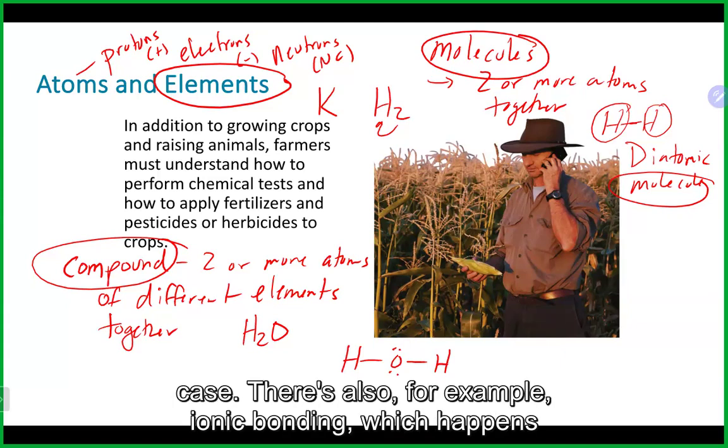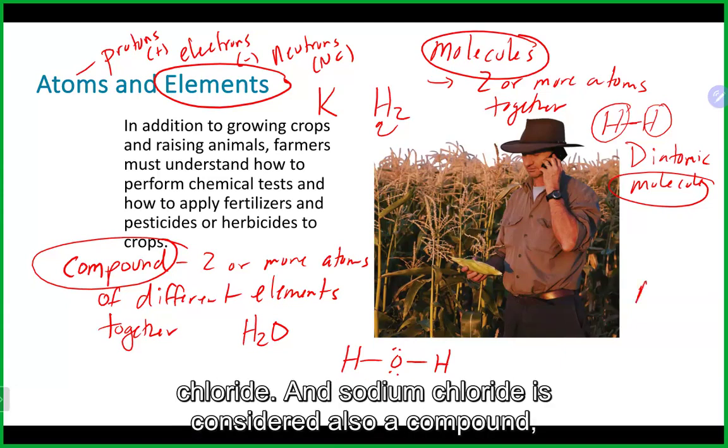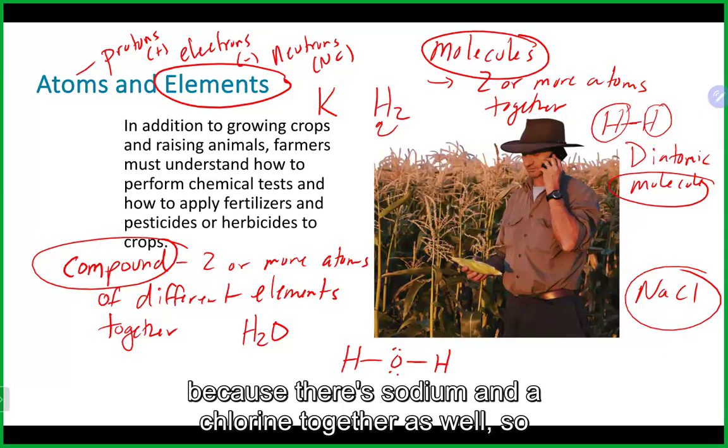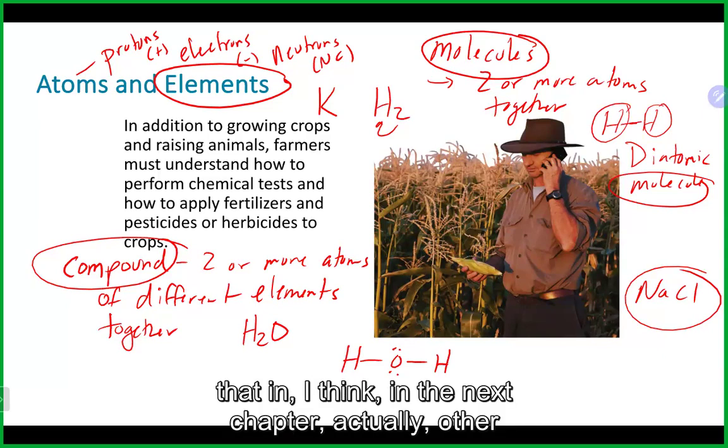There's also, for example, ionic bonding, which happens when metals and nonmetals come together, something like sodium chloride. And sodium chloride is also considered a compound because there's sodium and chlorine together as well. Depending on what comes together, we'll hit that in the next chapter, actually. Other questions?